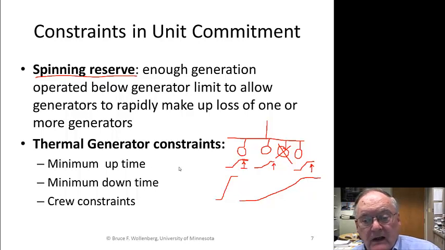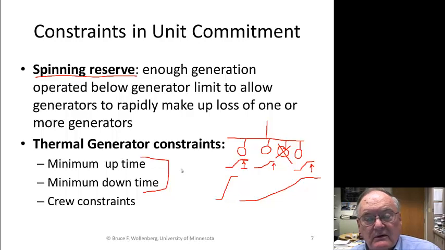Okay, other constraints: minimum up and down time, very critical. It may turn out that if I turn a unit on, I have to leave it on for so many hours. These have to do with a lot of the operating constraints, temperatures within the unit, within the plant, and things like that, the turbines and various other effects.